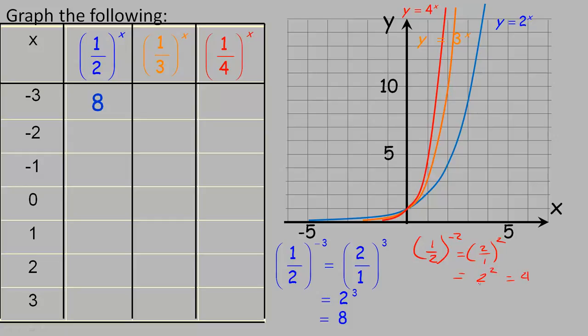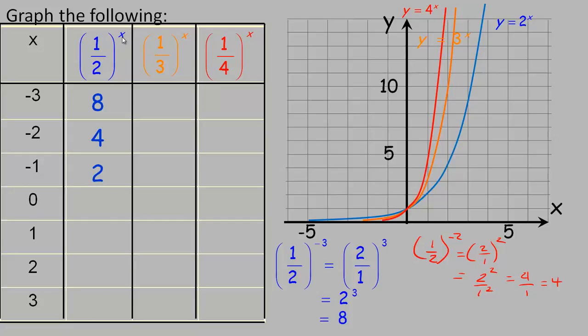Now, if you want to write the 1 on the bottom, okay, it's 1 squared, but 1 squared is 1, so 4 divided by 1 is still just 4. So that's why I just dropped the denominator, because it's 1 anyway. So there's a 4 there. And then the negative 1, we put negative 1 here. The negative 1 exponent just means the reciprocal of a half, which of course would be 2.